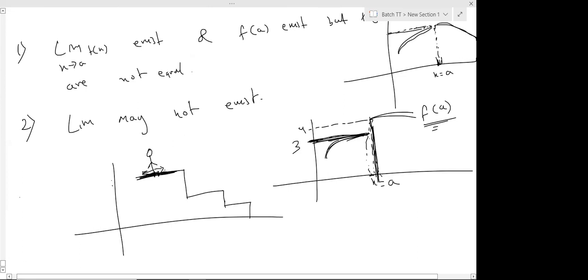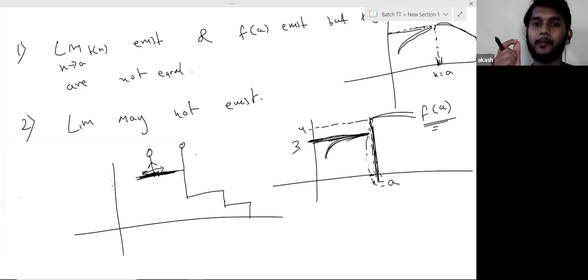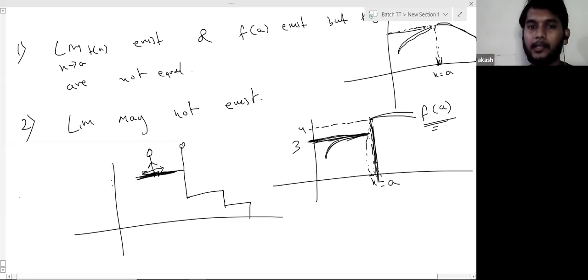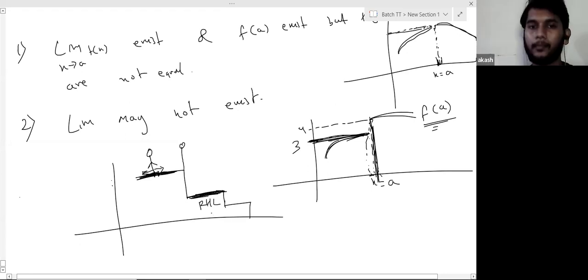Right, sir. But suppose you are standing at this corner point. If you move your foot slightly forward on the right, then the right-hand side floor is this. This is the RHL.